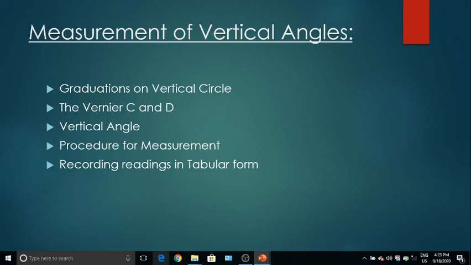Among them, one use is that you can also do leveling work with your theodolite. So when a theodolite is used as a leveling instrument, we don't consider any vertical angles, but we consider only a line of sight, which should be exactly parallel.